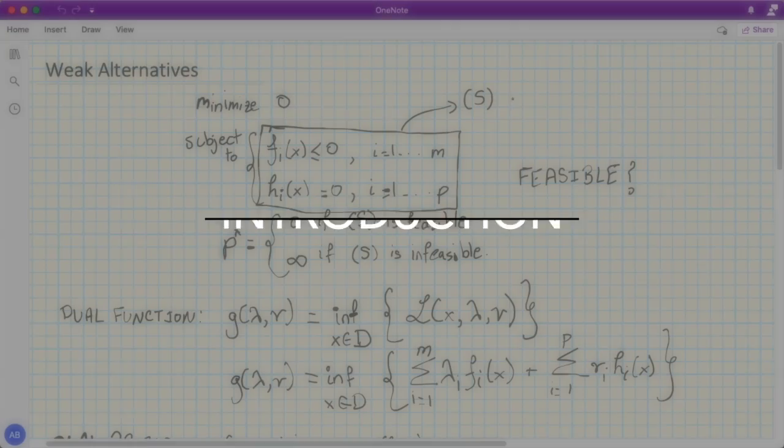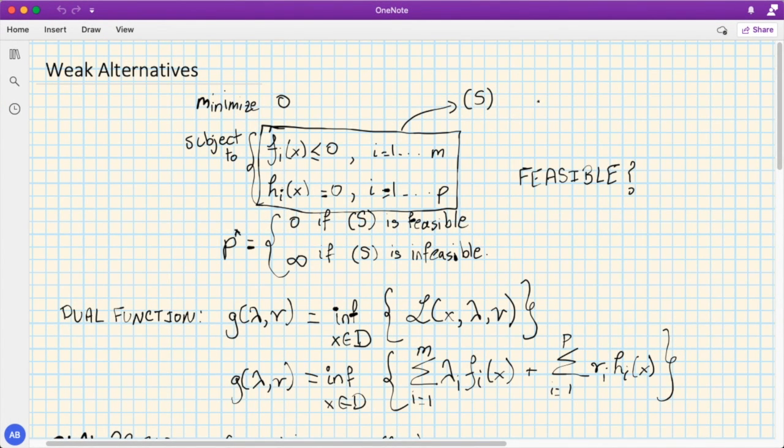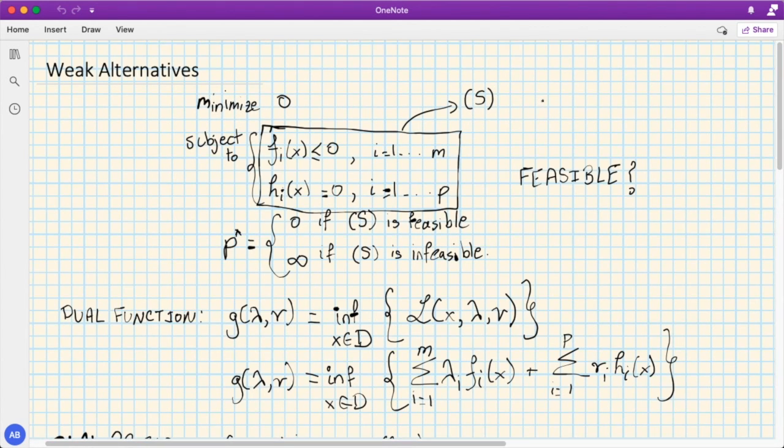Welcome to the 21st lecture of this course entitled Convex Optimization. In this one, we will be talking about weak alternatives. That is, let's say you're in a case where you've got a system of inequalities and equalities, hereby denoted by S, and your main question is simply, is S feasible or not?